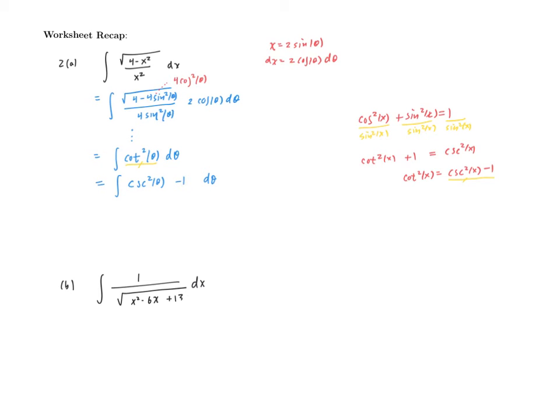Let's recall, if you wanted to differentiate cotangent of theta, the derivative of cotangent is minus cosecant squared. And if we turn that around for an antiderivative, the antiderivative of cosecant squared is going to be minus cotangent theta plus c.